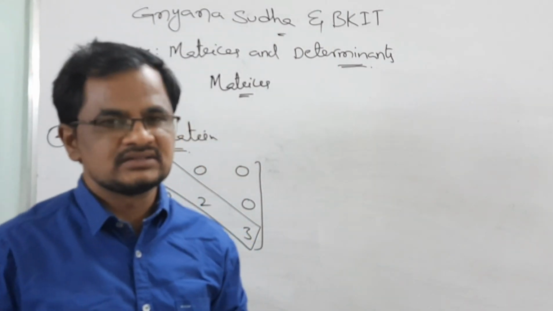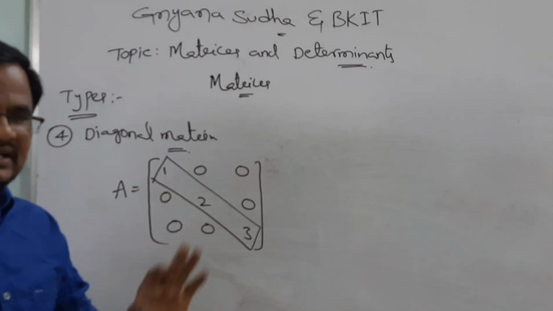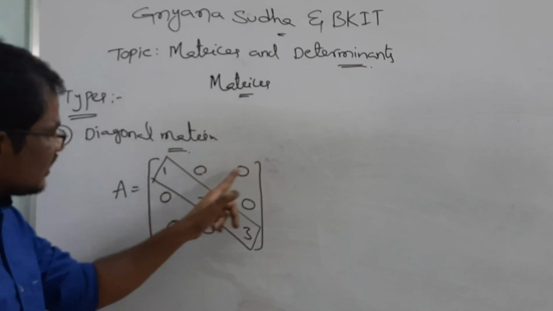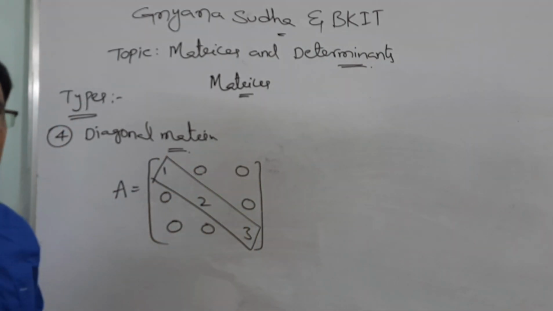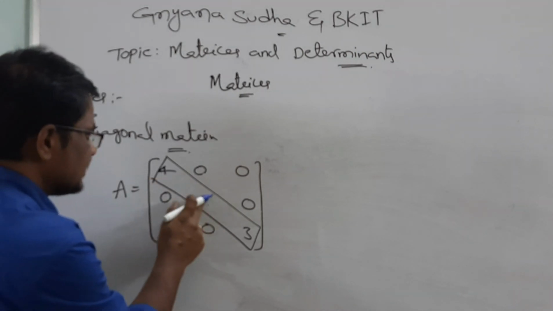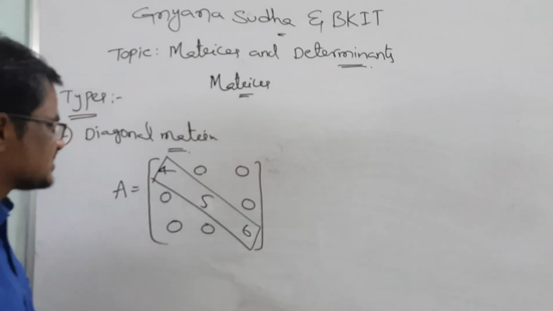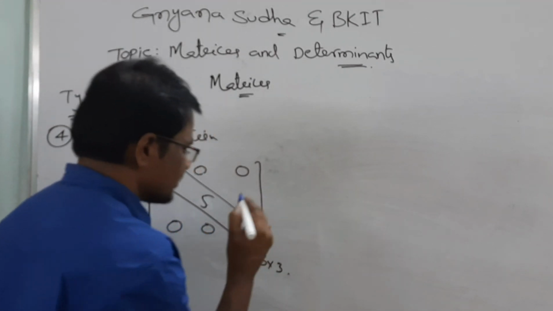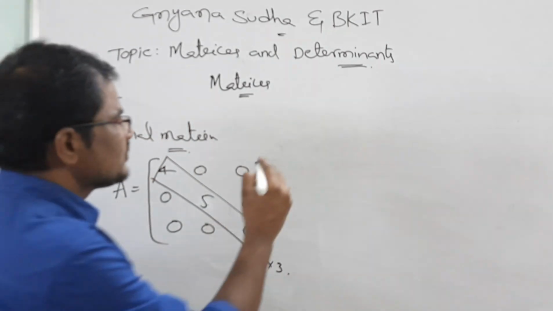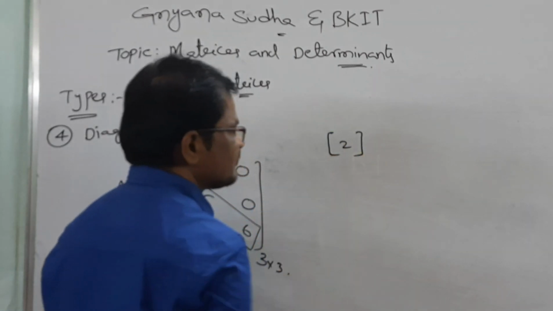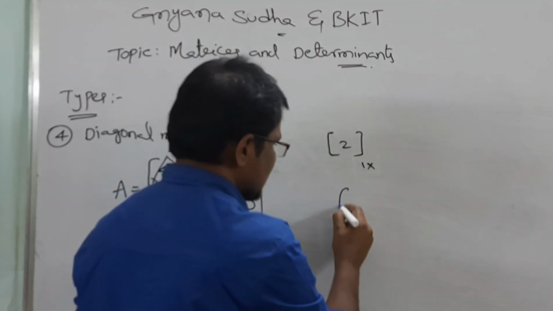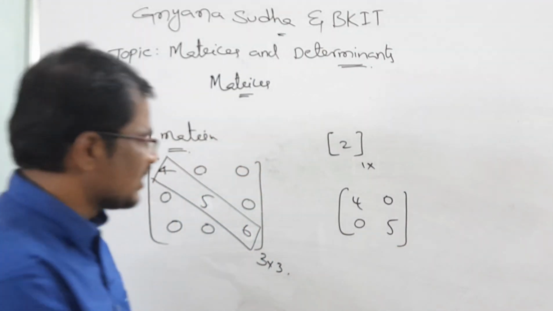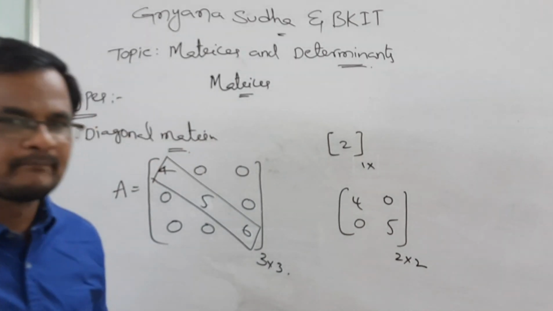You can take 4, 5 and 6 also; this is also an example of a diagonal matrix of order 3. This is also a diagonal matrix of order 1 by 1, and 4 0 0 5 is a diagonal matrix of order 2 by 2.